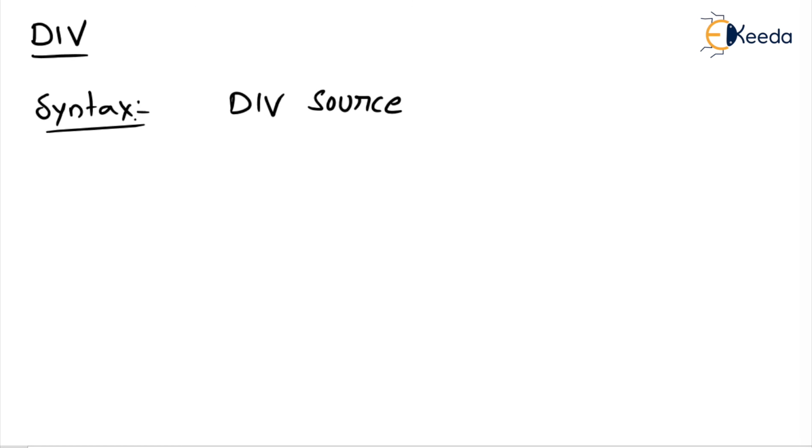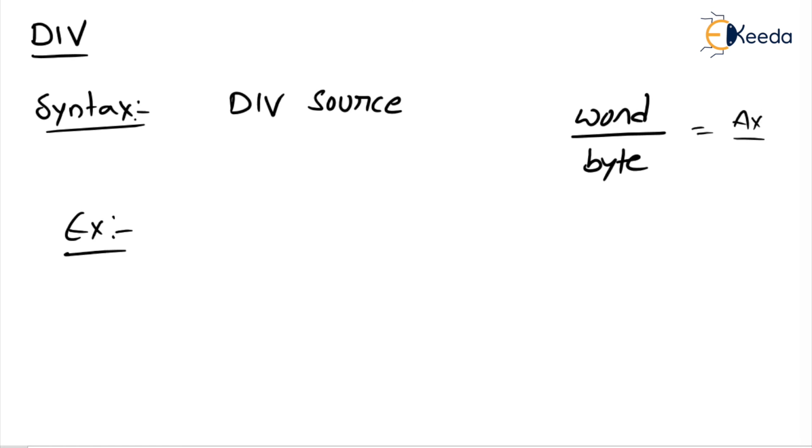When a word is divided by a byte, the word will be stored in the AX register. The divisor can be a register or a memory location. Now, consider one example: DIV BL.